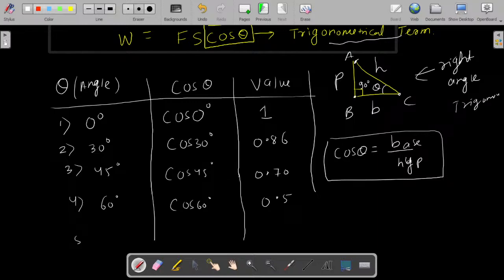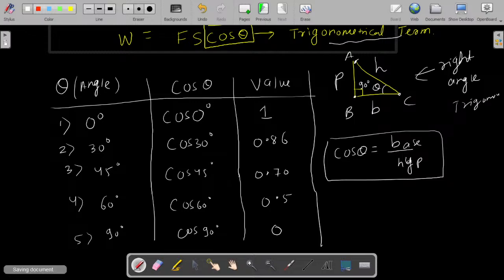And last, cos 90 degree is 0. So make a table and remember all these values so that you can use them in numericals.